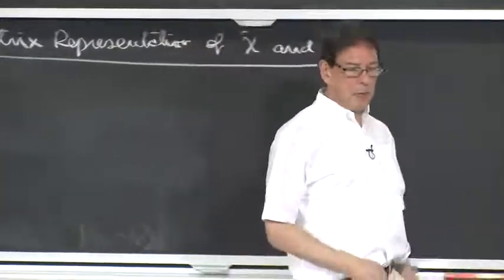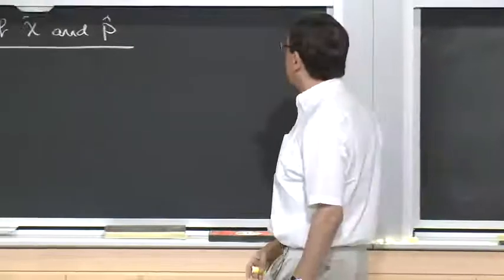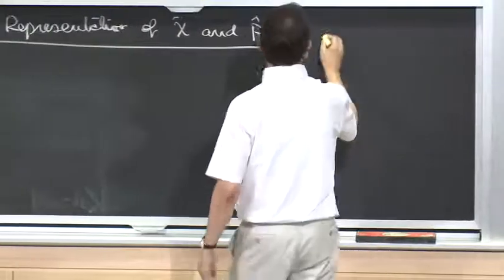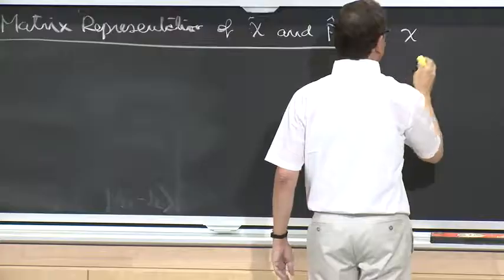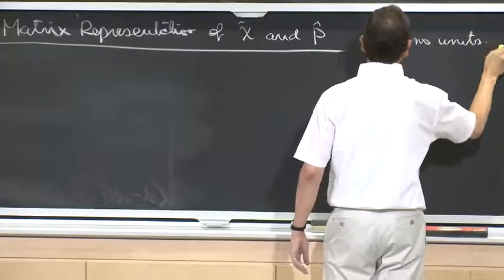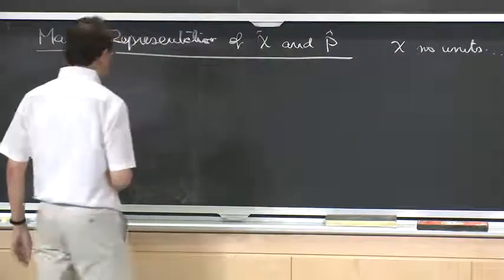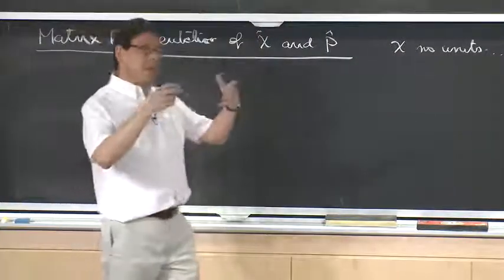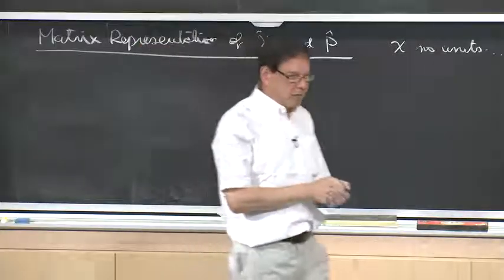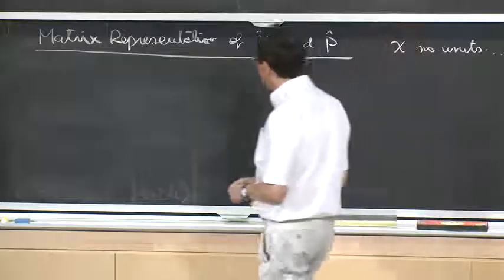And as we said, we're going to be talking about a wave function. x at this moment is going to have no units. Let's simplify matters, x with no units. And if you have a wave function, you can represent it, as we said, by a column vector. So I will write, say, some function of x that represents a wave function.